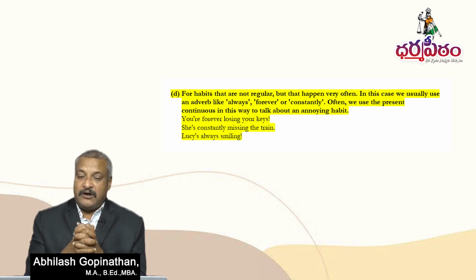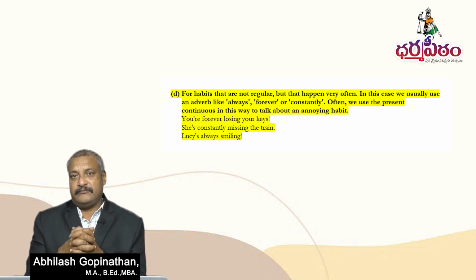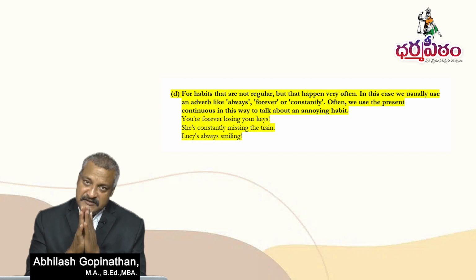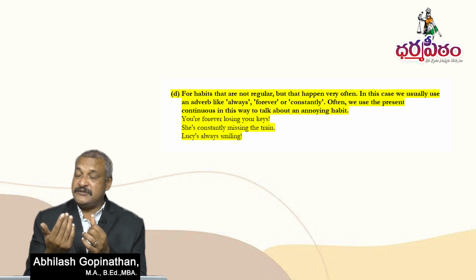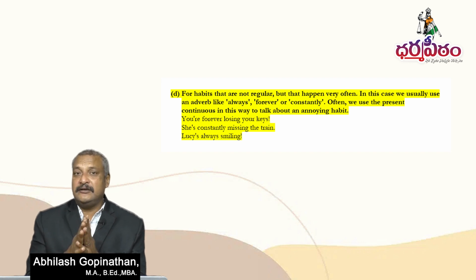Or, she is constantly missing the train. It's almost like a habit that she always misses the train. Missing a train cannot be a habit, no? Even if a person who uses this particular transportation to go to his office misses it 5 times a week, it cannot be considered a habit, because it's a negative kind of thing and that cannot be a habit, right?